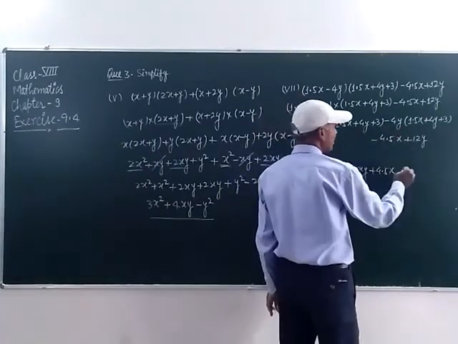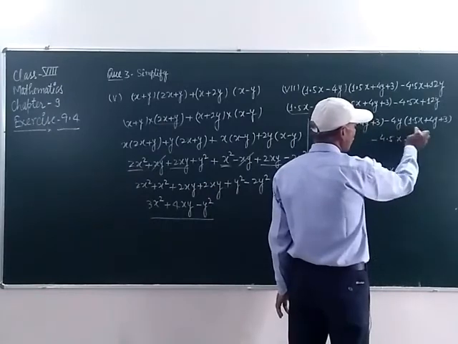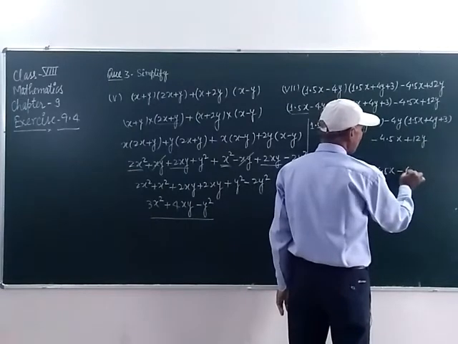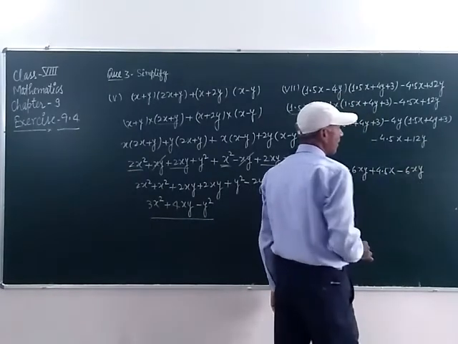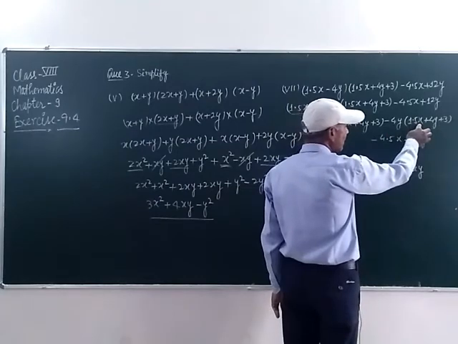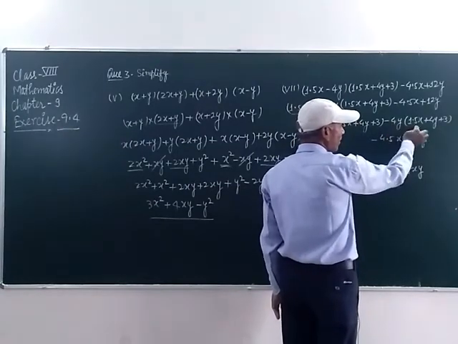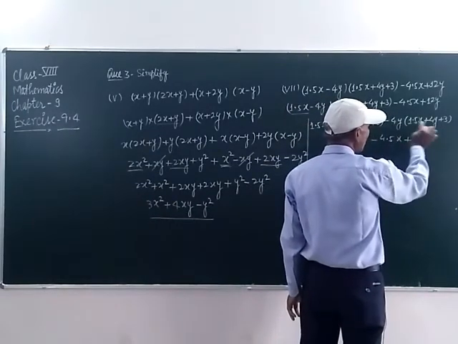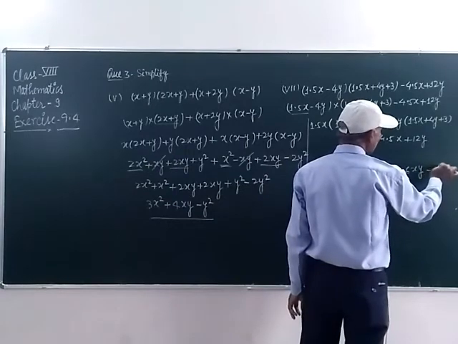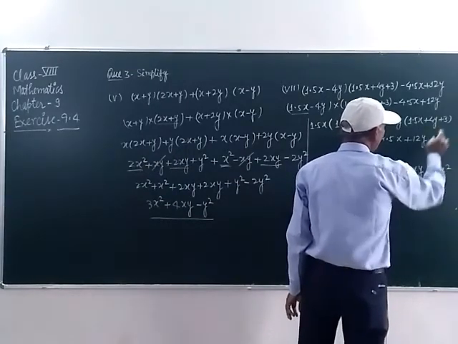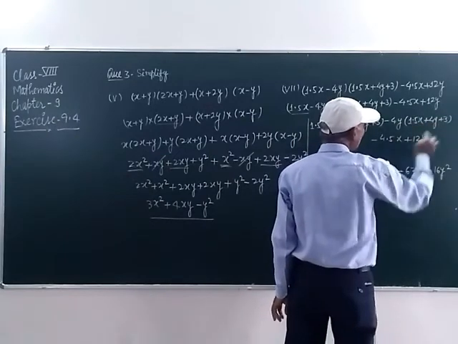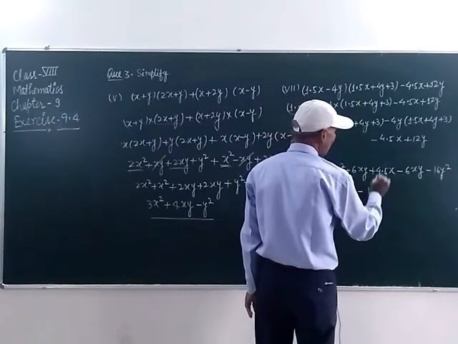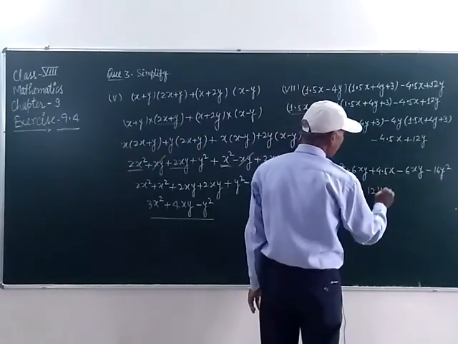Now multiply minus 4y into 1.5x, it will be minus 6xy, because it is y and it is x student, and 1.5 into 4 it is 6, and after multiplying 4y into 4y, this one minus 16y², and after multiplying 4y into 3, it will be minus 12y.